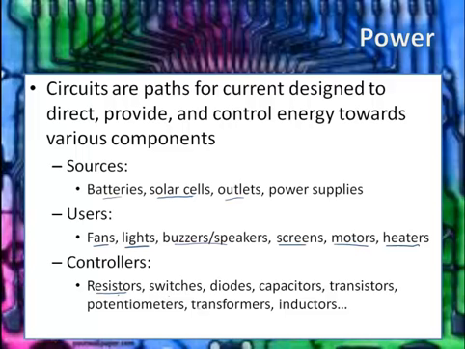And there are other controlling devices as well, such as inductors, which I think convert electricity into magnetic fields and back again. I'm not entirely sure what they do, but anyway, those are all different ways of controlling current in different parts of a circuit.